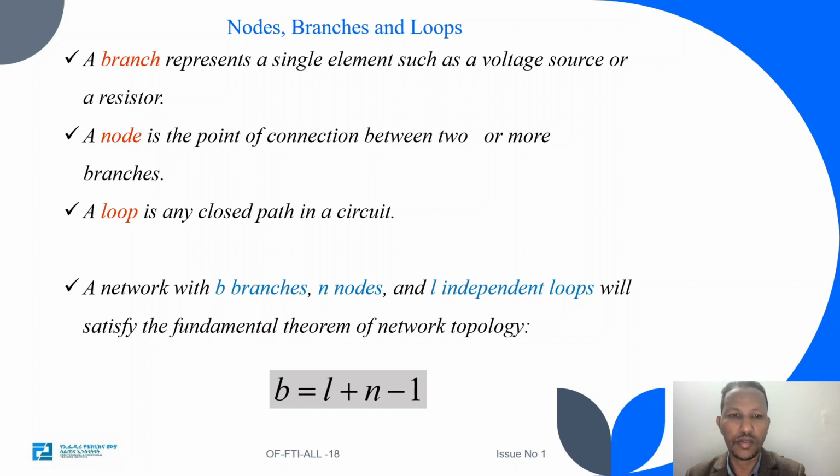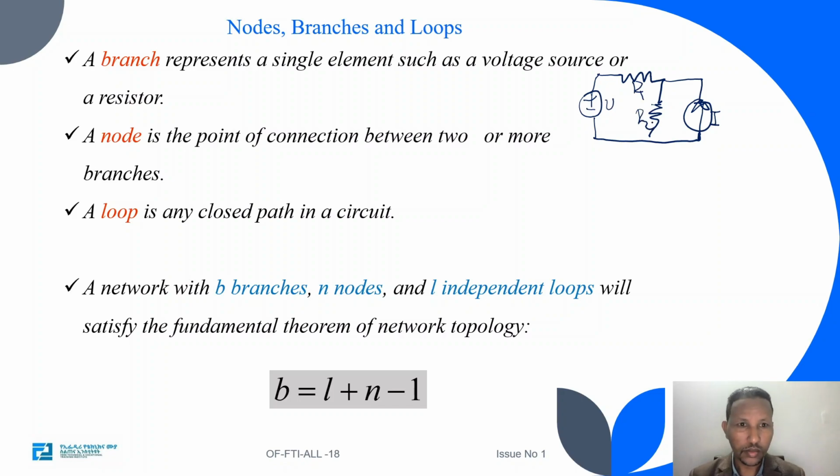For example, if you consider this circuit, as you can see here, this is V, this is I, this is R1, this is R2. So we have 4 components for this circuit.